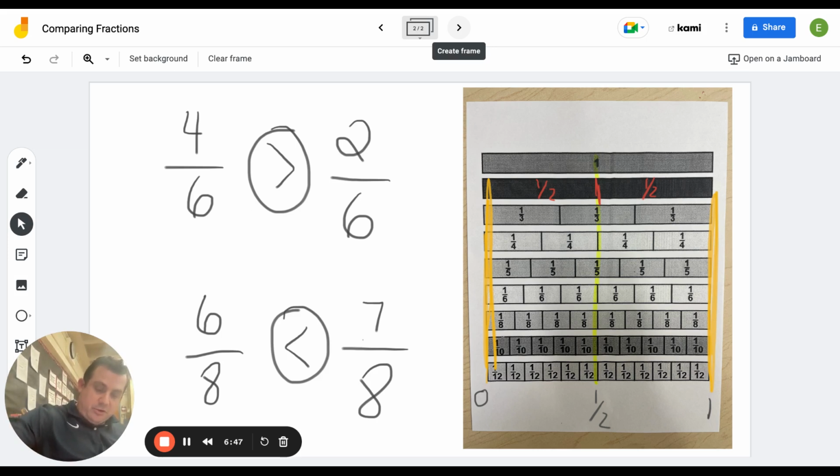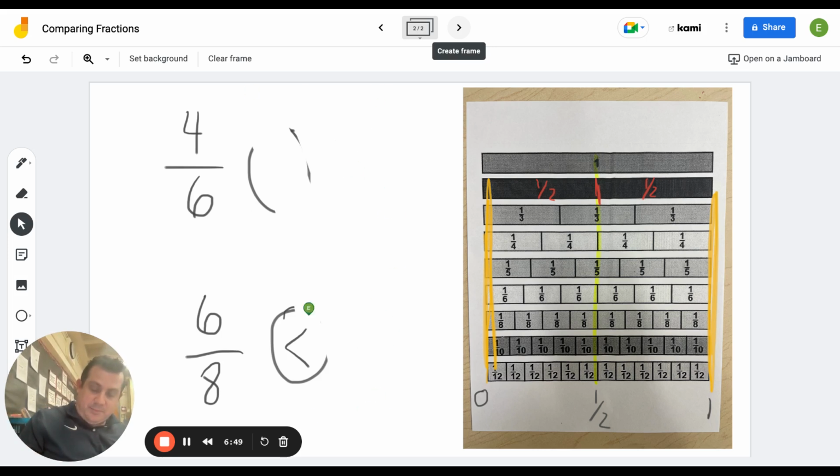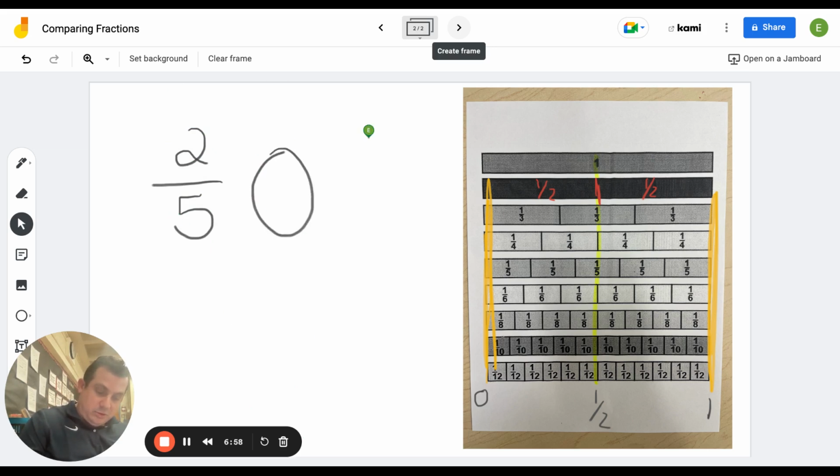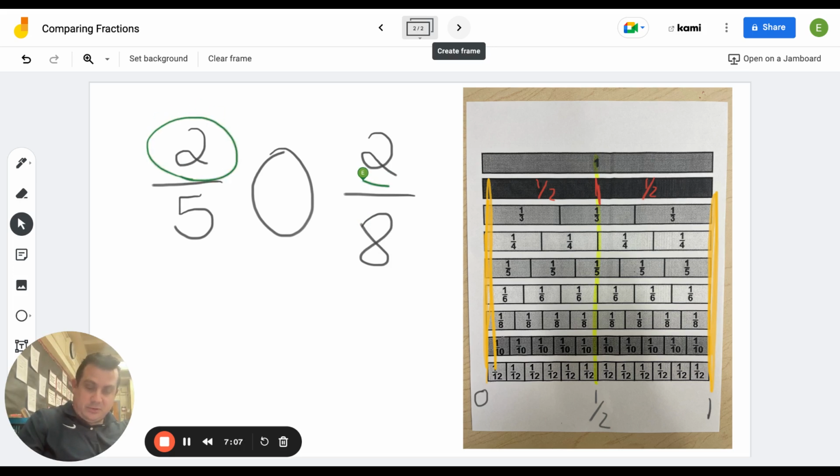Then the third way that we showed today is if you have, I'm going to put 2/5 compared to 2/8. What do we notice here? Well, we notice here that our numerators are the same, but our denominators are different.